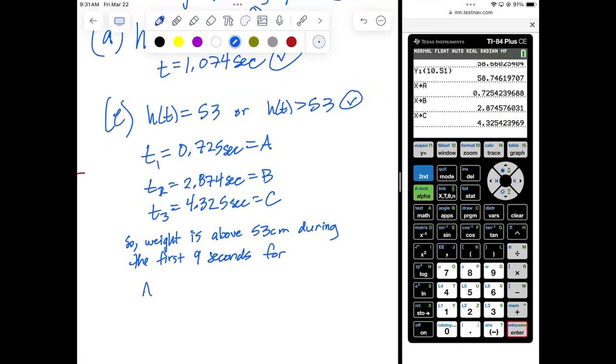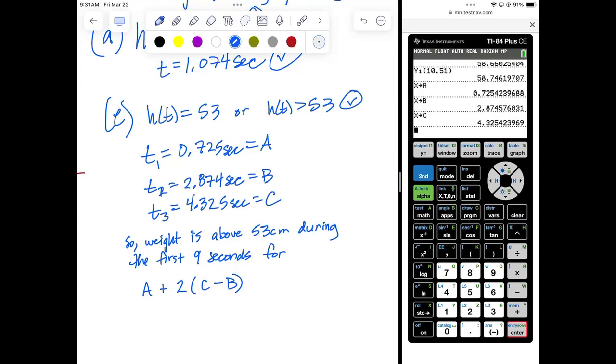It's going to be A plus 2 times C minus B. Are you okay with that? A is the first amount that we started with up to the first point of intersection. C minus B is the duration of the first bump. And then we double it because there's a whole nother bump.